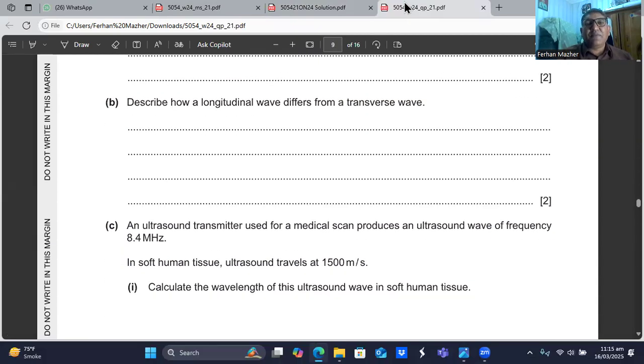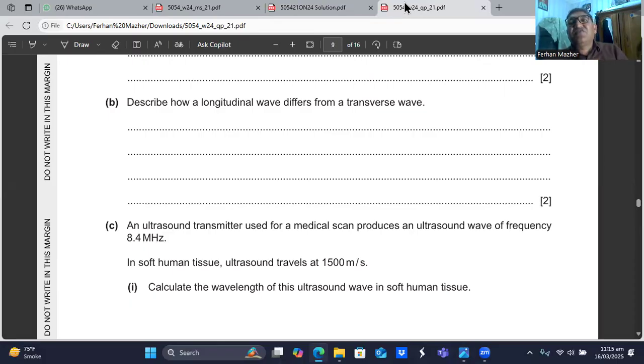So question number 5 is B part. He says, describe how a longitudinal wave differs from a transverse wave? Listen carefully, this is a very important sentence. You see, in the longitudinal wave, the particles of the medium vibrate parallel to the direction of the wave.